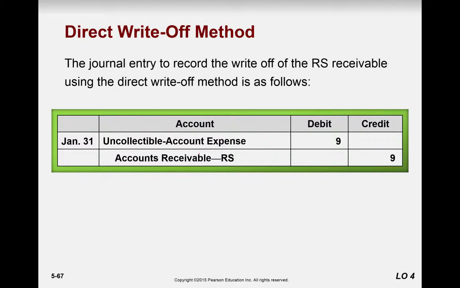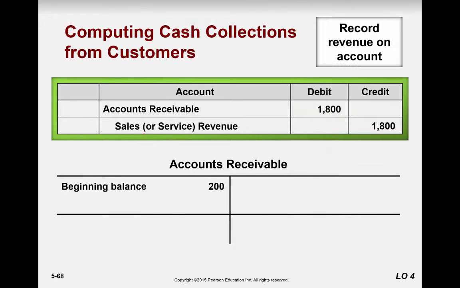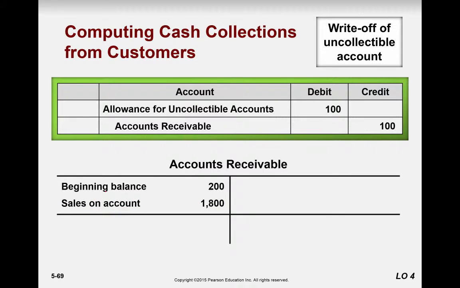Instead of the allowance method, where we had the allowance for doubtful accounts, we're going to book it to bad debt expense. And when computing your collections from customers, you're going to have your sales on account as your lesser amount. So don't be too hung up on this. It's the allowance method that's important.